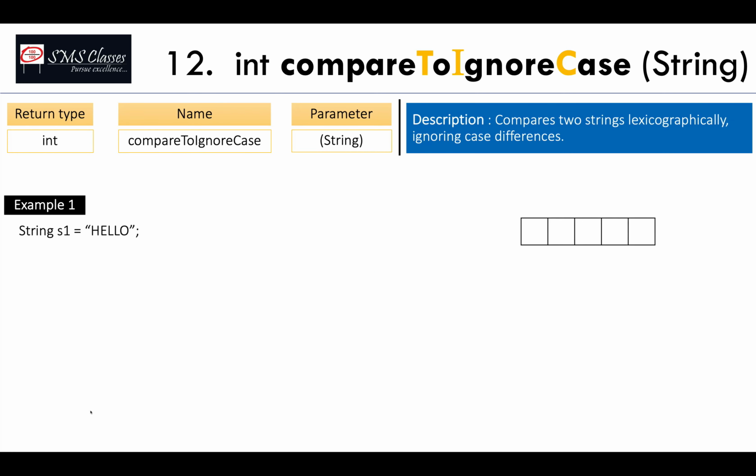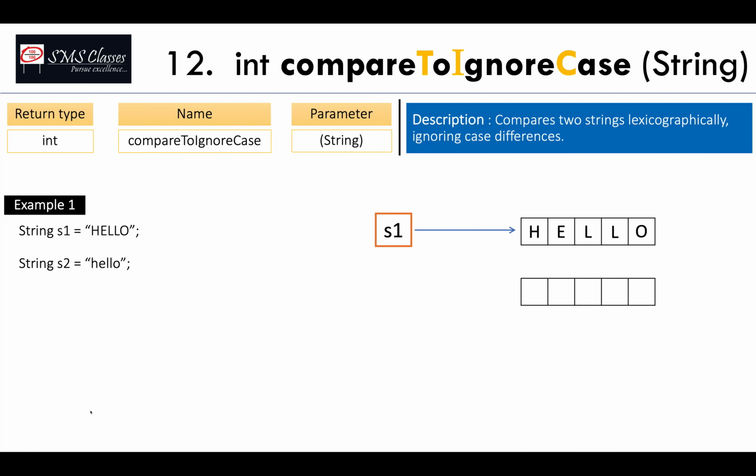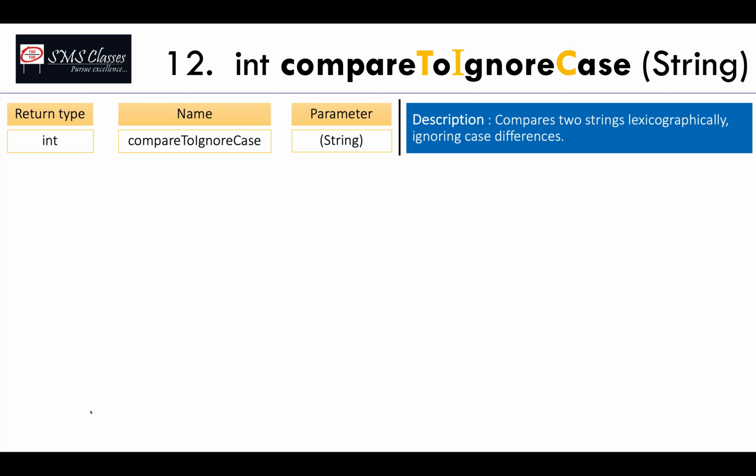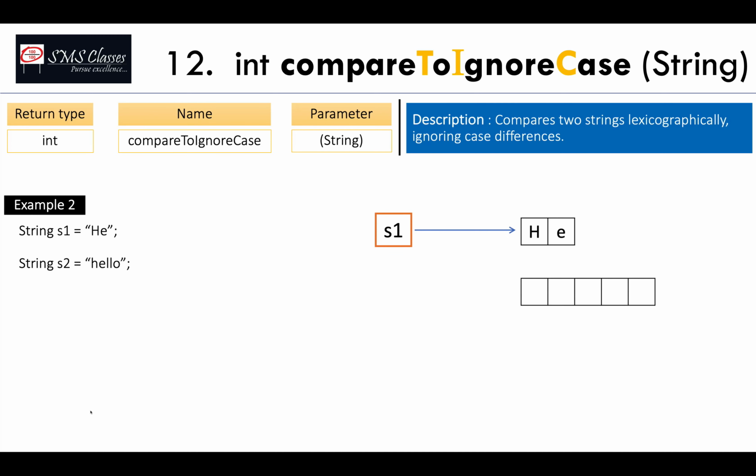As the method says ignore case, we take one string in capital "HELLO", another string in small "hello". So S1.compareToIgnoreCase(S2). It's going to ignore the cases and return 0, which means both the strings are equal. We'll take another example. One string is "he", another string is "hello".